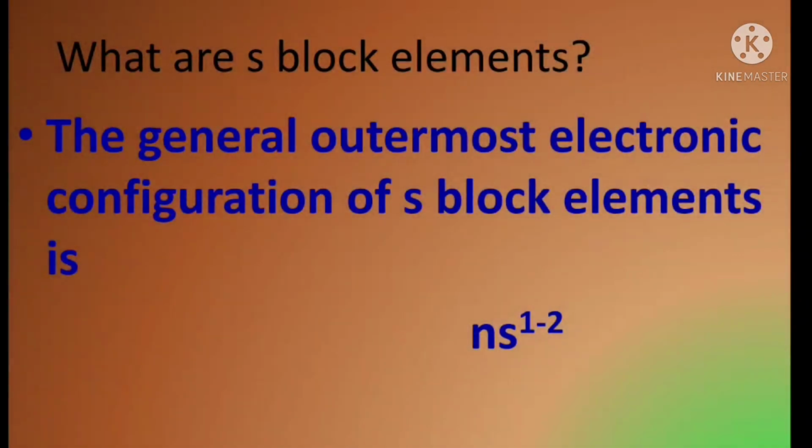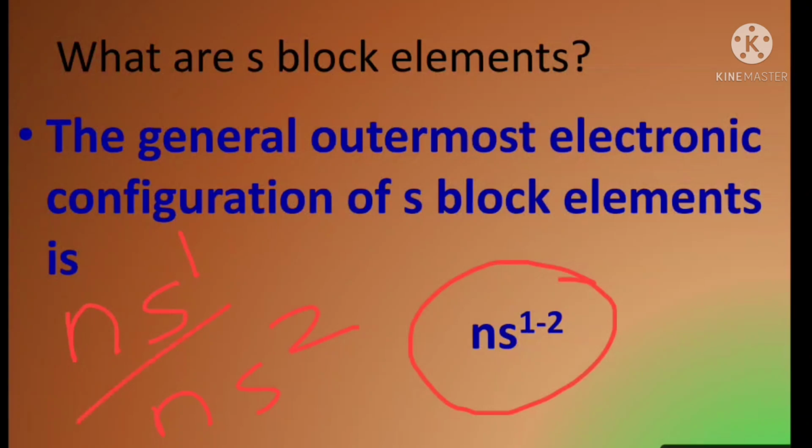The general outermost electronic configuration of these elements is ns^1 to 2. That means for group 1 elements it is ns^1 and for group 2 elements it is ns^2. The meaning of this is, if we write the electronic configuration of any of the group 1 elements, it ends with the ns^1 configuration.